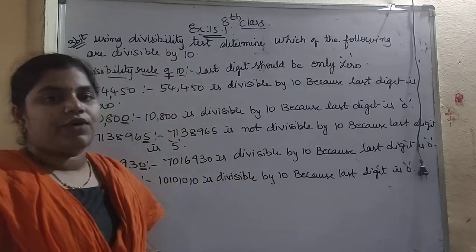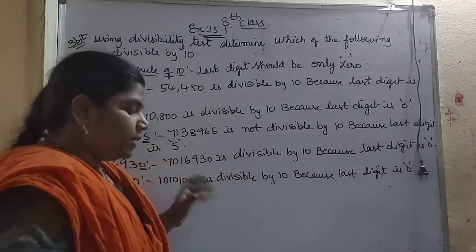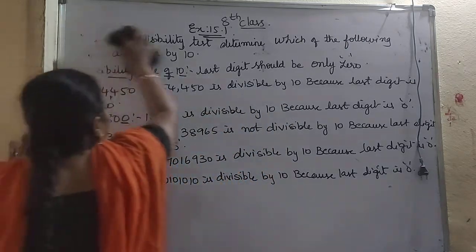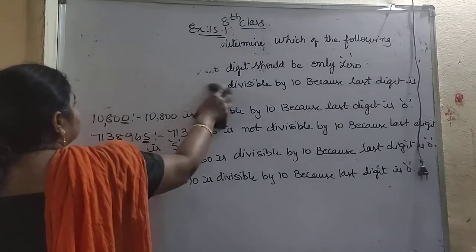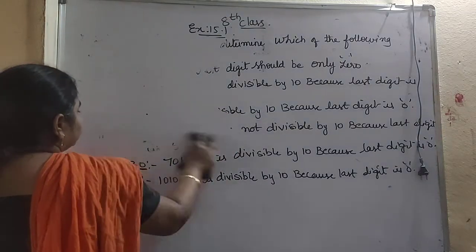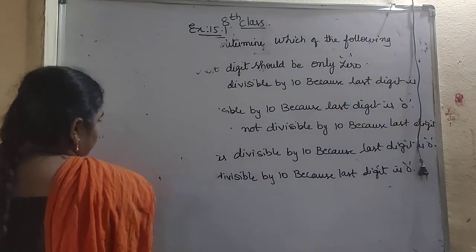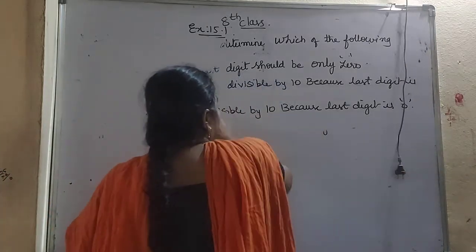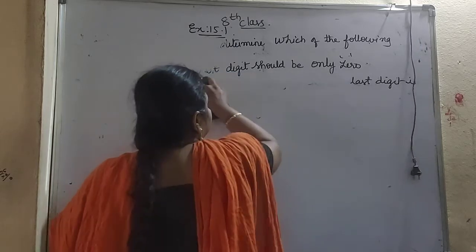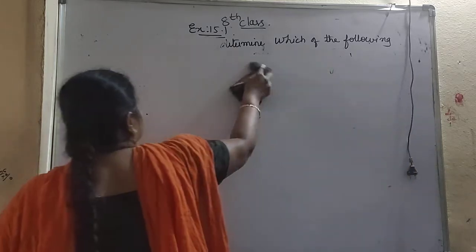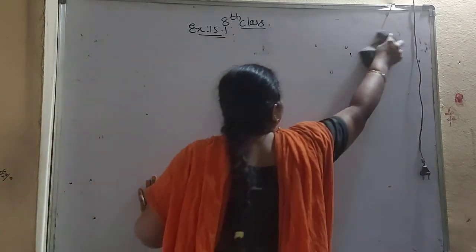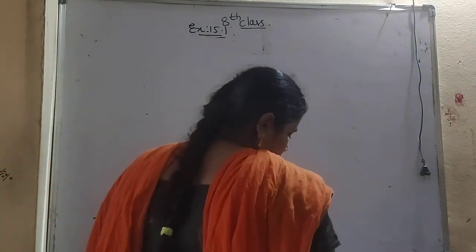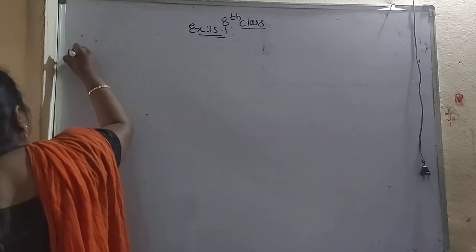So how many factors are there for the following, we have to find. So here, fifth bit.